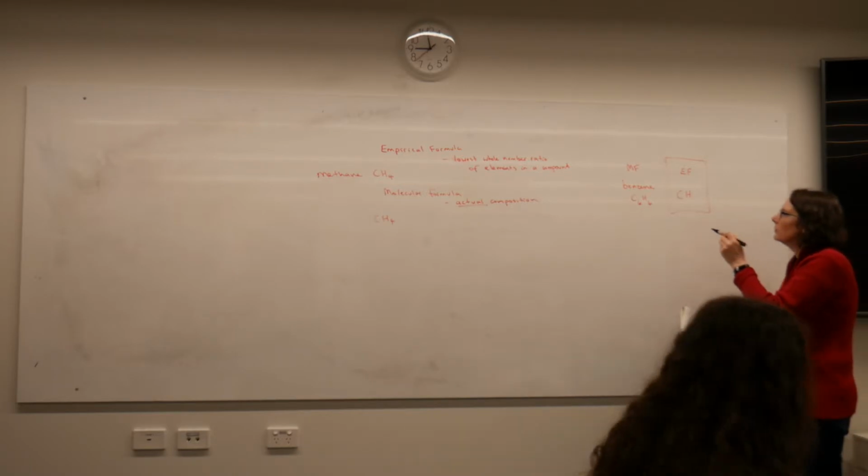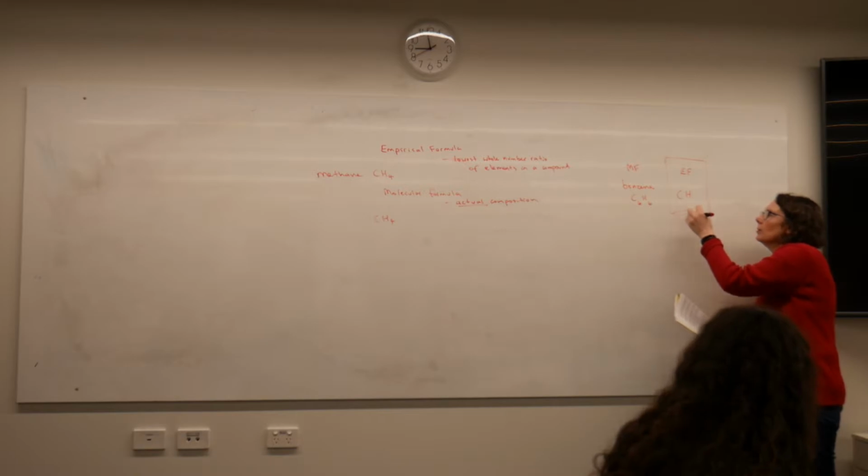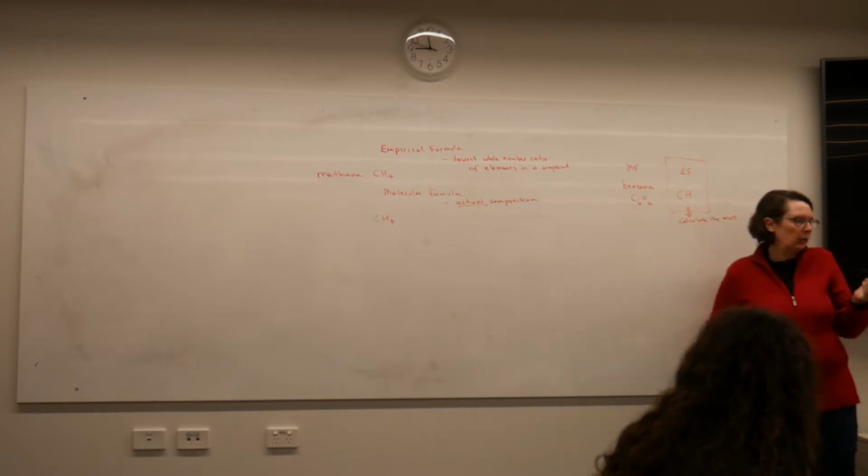What we do is we calculate the mass of the empirical formula, and it would be around 13, wouldn't it?